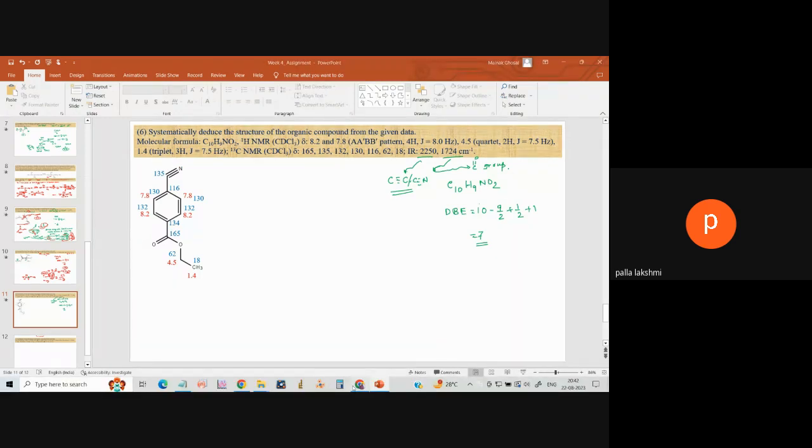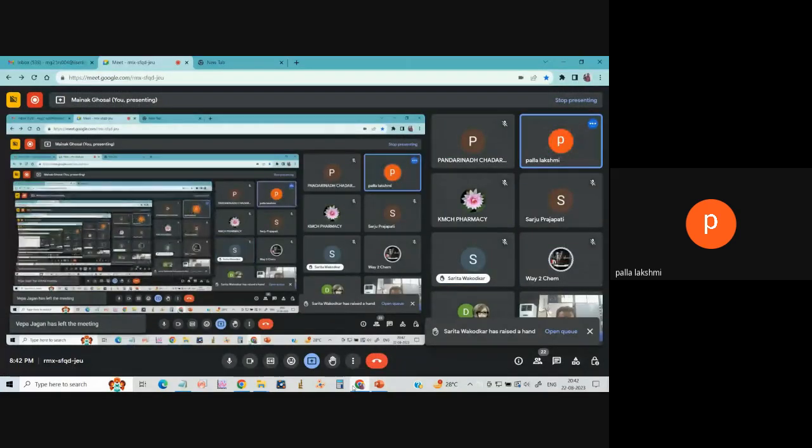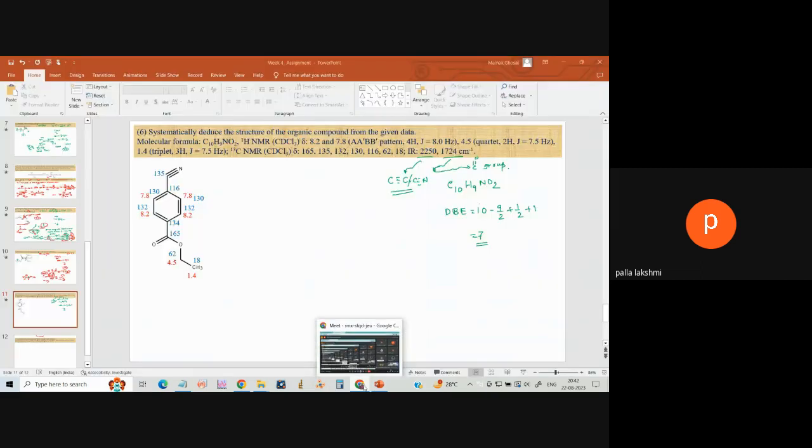Someone is saying visible, someone is saying no. She might have to rejoin. Yeah, you can rejoin, but there may be some issue with your internet connectivity.